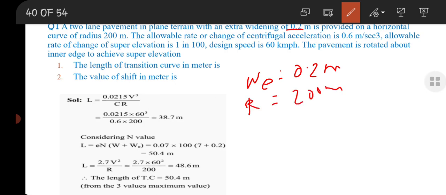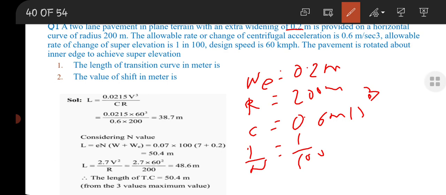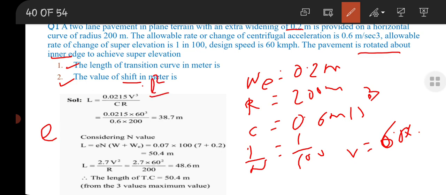The allowable rate of change of centrifugal acceleration, meaning C given 0.6 meter per second cube. Then the allowable rate of change in super elevation 1 by N given as 1 by 100, and speed V given as 60 kmph. The pavement is rotated about its inner edge, meaning we will consider full super elevation, not half. We have to calculate the length of the transition curve and value of shift in meter. The formula for shift in meter is L square upon 24R.